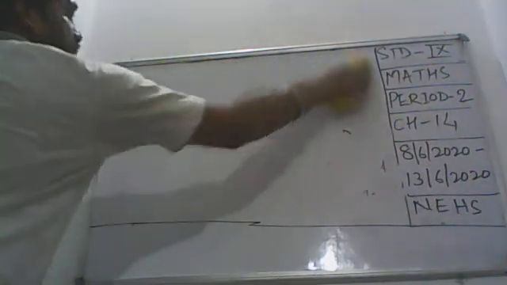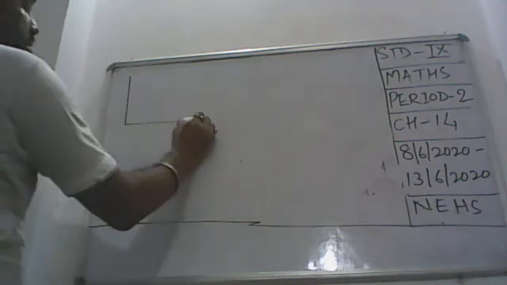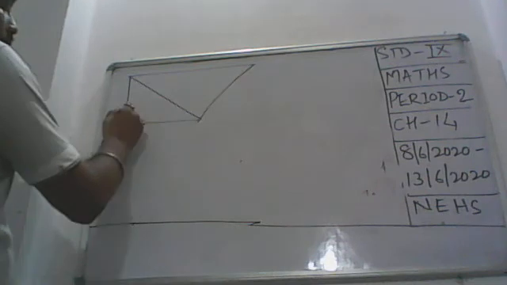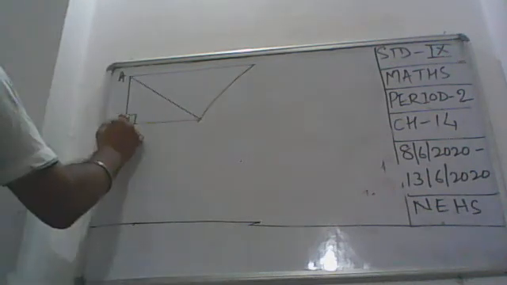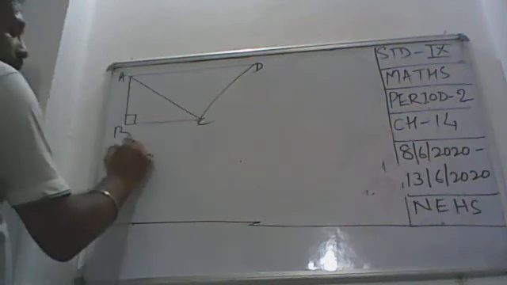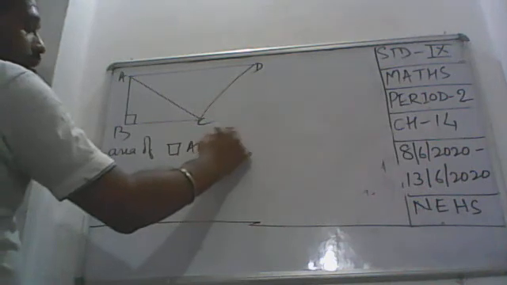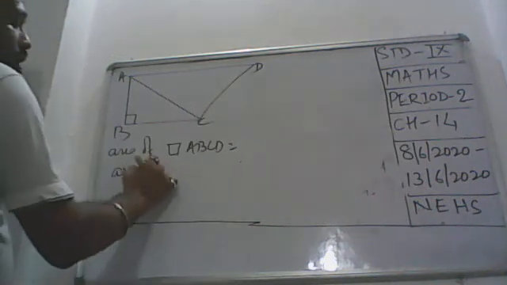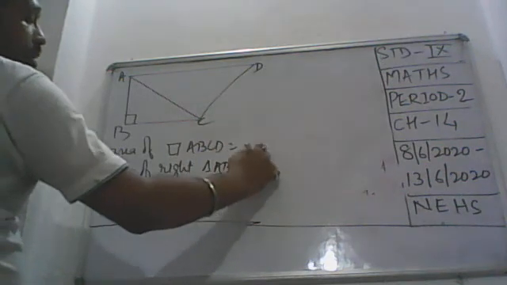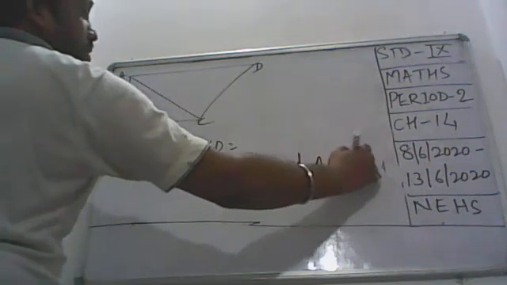Suppose that the shape is like this. A, B, C, D. Okay. Then in this case, area of quadrilateral ABCD is equal to area of right triangle ABC plus area of triangle ACD.